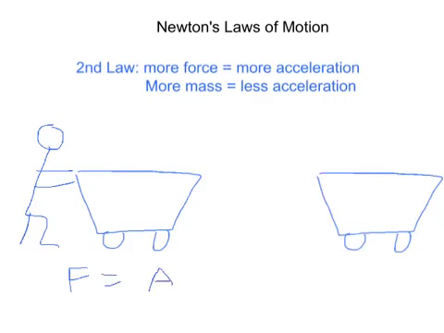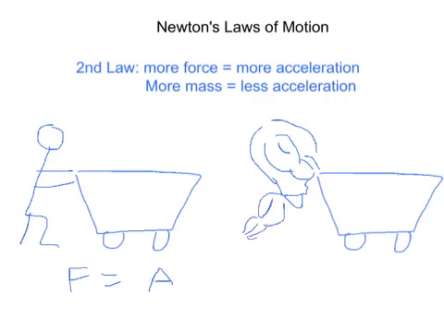On the other hand, if we have Sergeant Steroid with his big muscles, and he's going to push with his big pecs and rippling abs and his quads and his big powerful kneecaps, because he generates a much larger force, he's also going to produce a much larger acceleration.